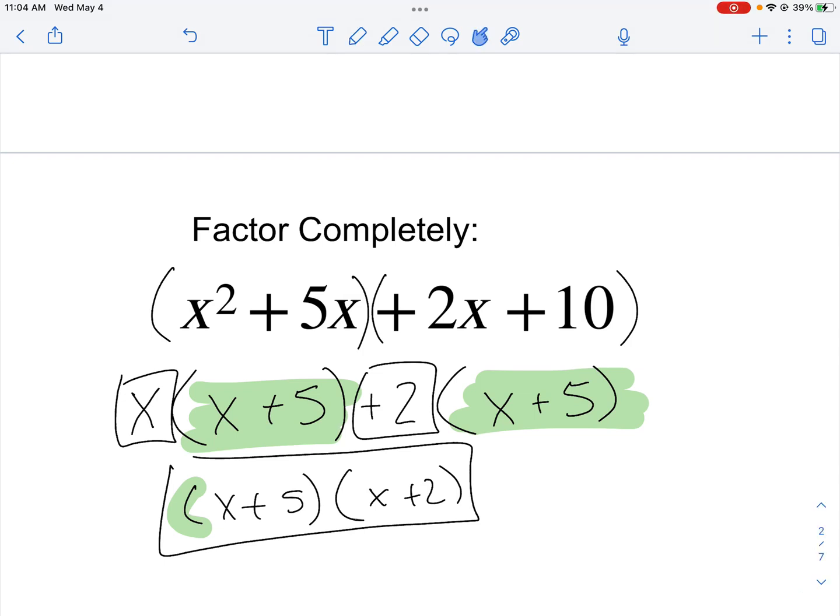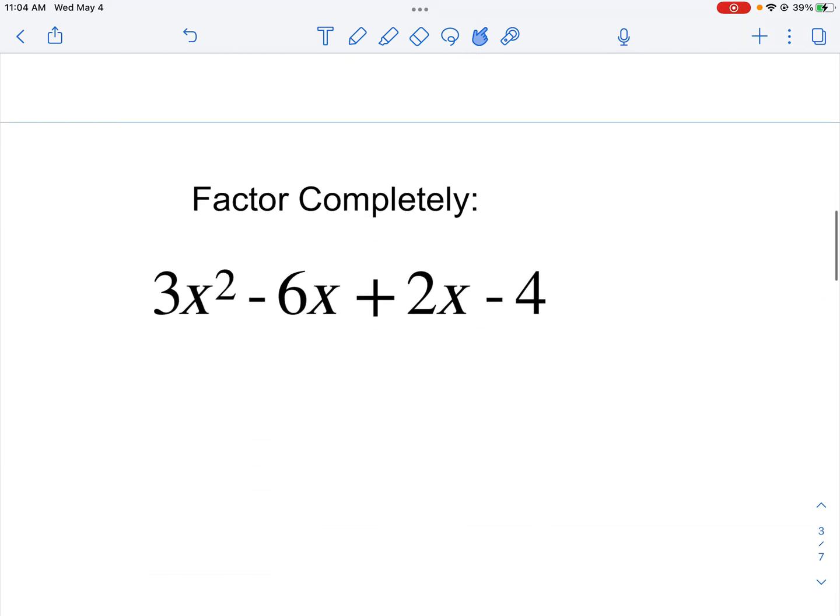All right, so let's look at another one. Again, factoring, you're looking at the biggest number you can divide and the most of the variable you can take out. So here I need to find a number that can divide 3 and 6. That would be 3. And how many x's can I take out? Well, they each have 1. That leaves me with 3 divided by 3, which is 1, and if I take out an x, I'm left with 1.